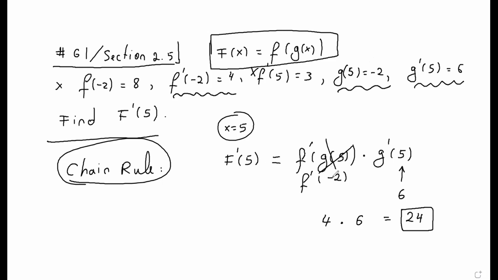We needed f prime of -2, g of 5, and g prime of 5, which was 6. All right, folks, so the answer to the problem is 24. This is how we do problem 61. Let's do number 62 together.